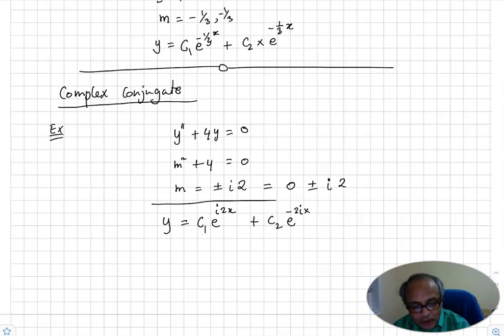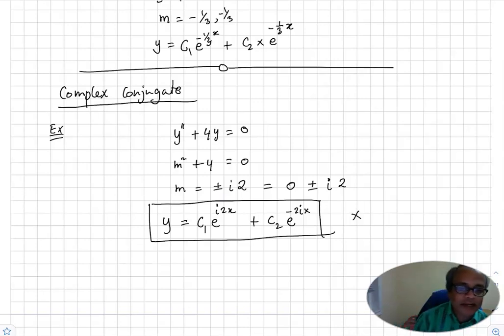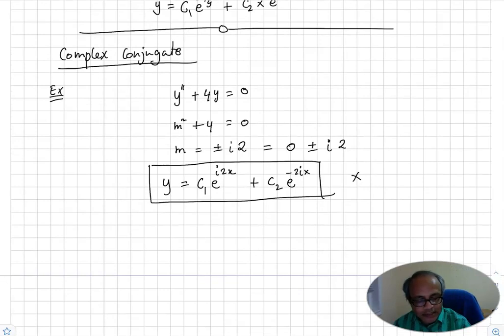And this is correct, but we do not want a complex number in the solution. We want a real number, so we can manipulate that, but it takes some time to convert it to a real number, which I want to avoid. So instead I want to show you a trick.